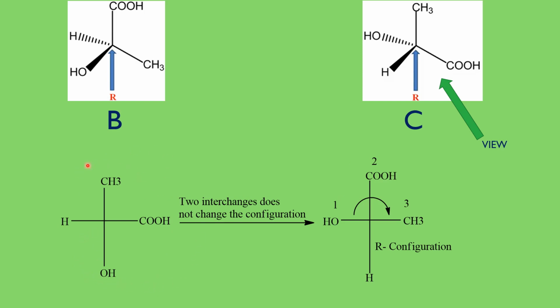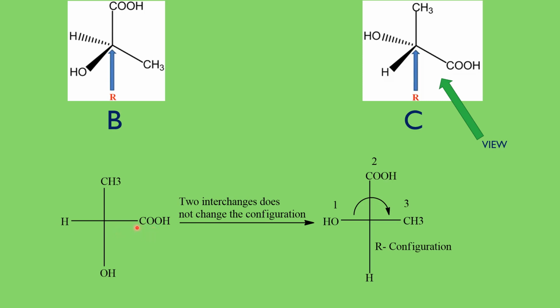Anti-clockwise direction means you have to give the S configuration, but before deciding whether it is S or R, you have to look at the least priority group. If the least priority group is in the horizontal line, for anti-clockwise sequence you have to assign R configuration. That's why the configuration at this chiral carbon remains R.